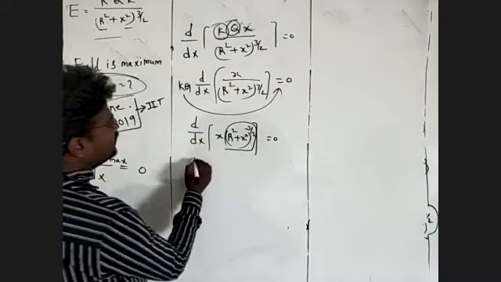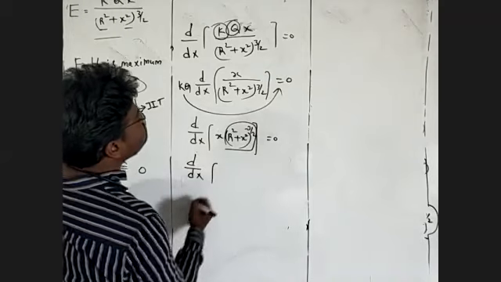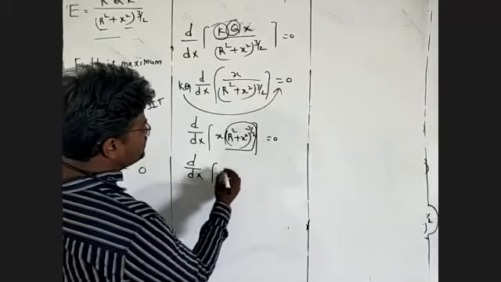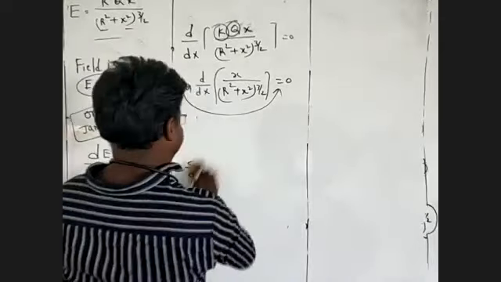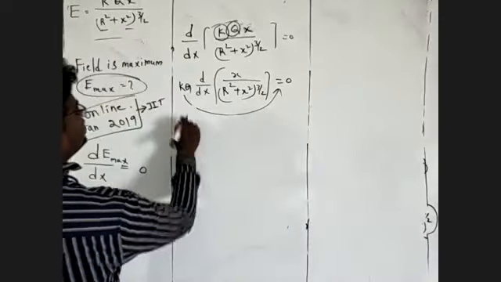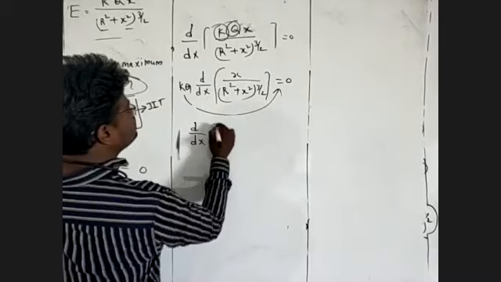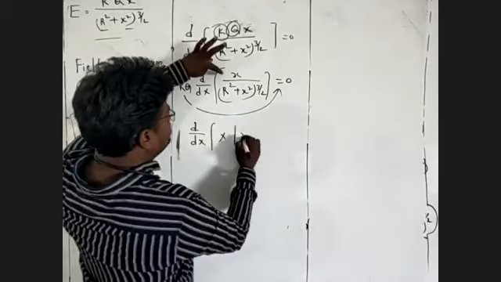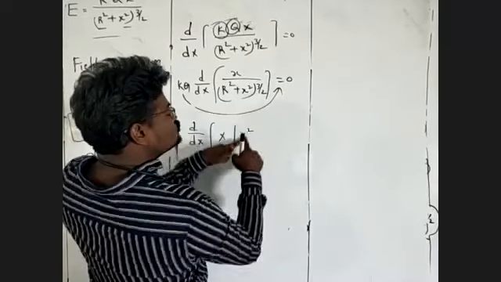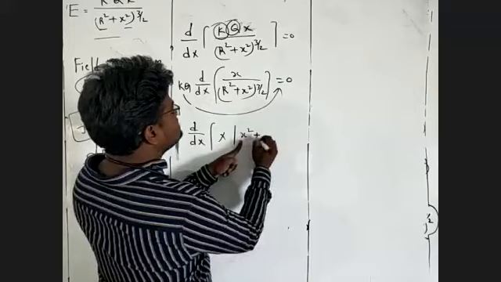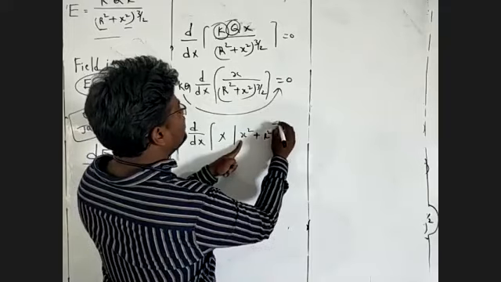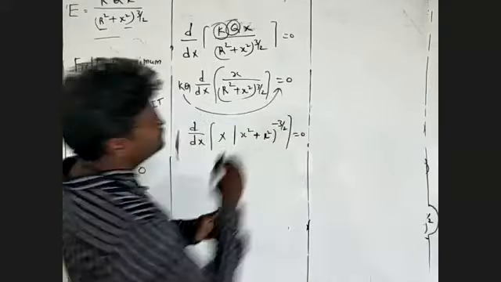Now I'm writing this equation here: k q d by dx of x. X square should be the first term, plus r square whole power of minus 3 by 2 is equal to 0.